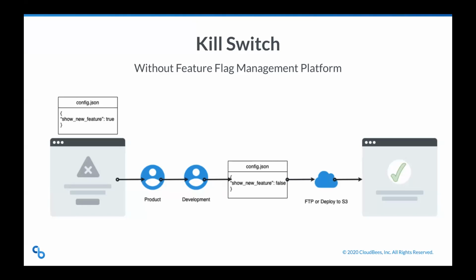In order for that safe mode view to be apparent to the end user, the developer would then have to redeploy that updated configuration file, and then and only then would the fail-safe mode view, whatever was gated behind the feature flag, be available to the end user.